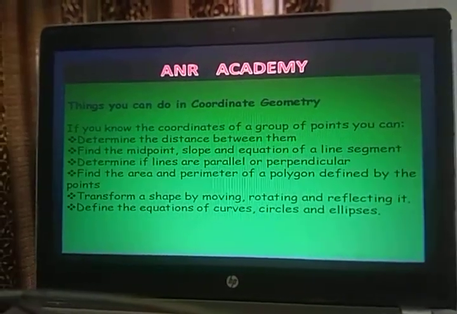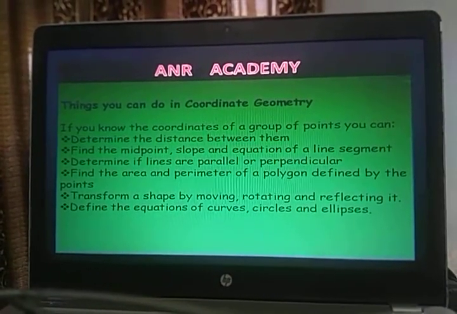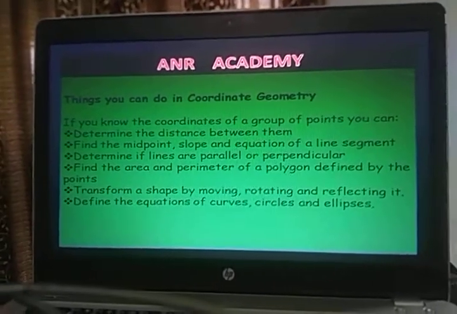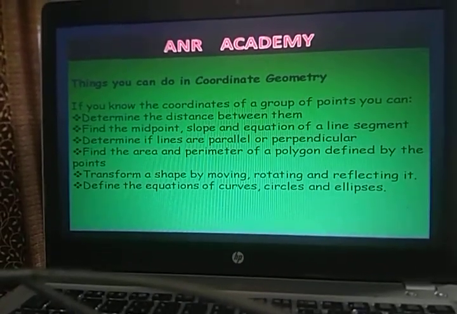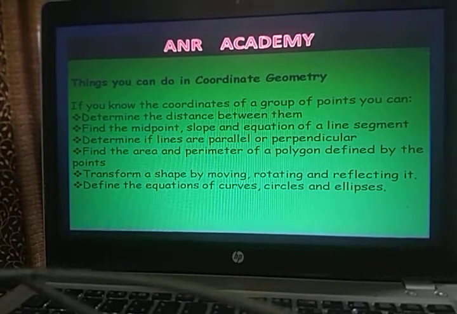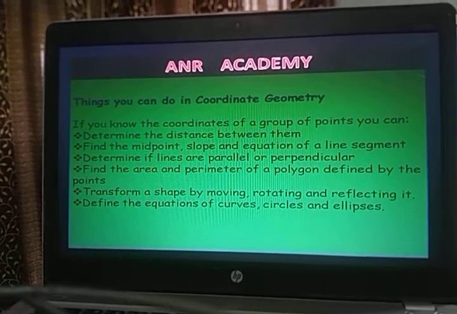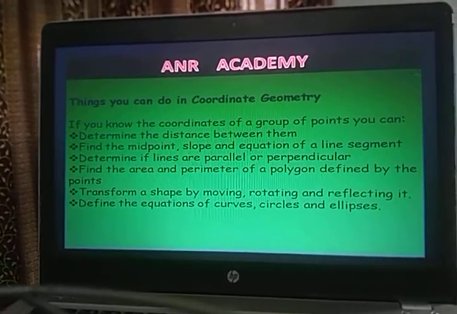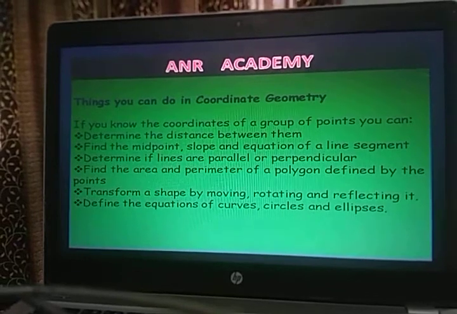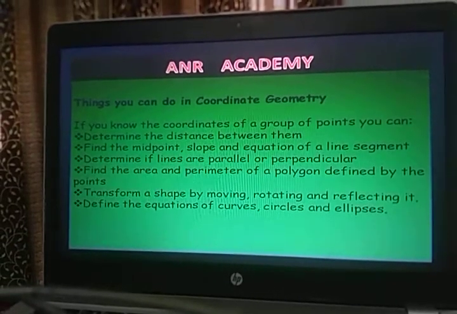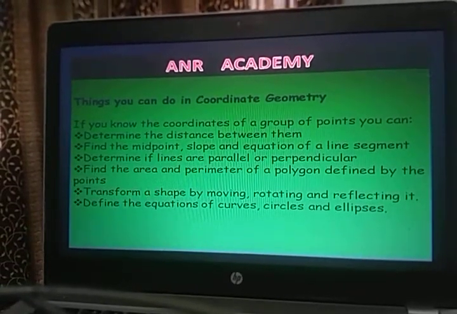So now, what are the things that we can do in coordinate geometry? That means, why should we learn coordinate geometry? What is the use? You should know, without the purpose of anything, we should not learn. So the purpose is very clear.